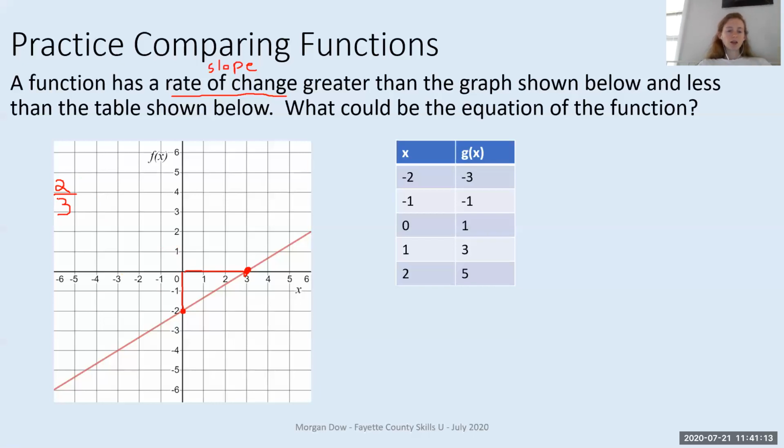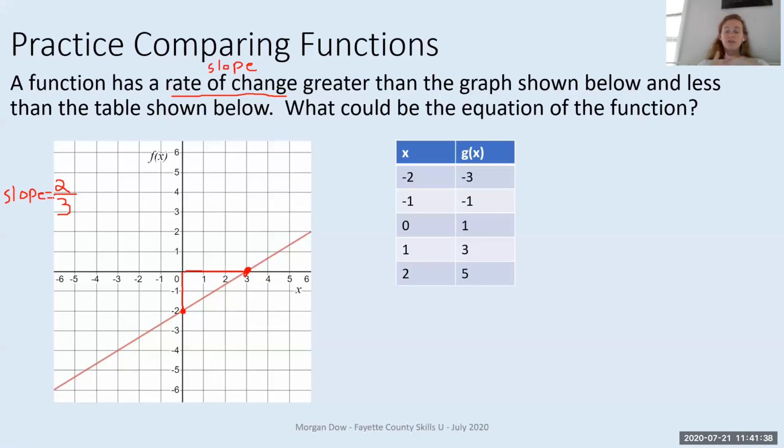Can I simplify this rate at all, 2 over 3? No, I can't. This is already simplified as much as possible. So this is the slope for this graphed linear function here. So my slope is 2 over 3, or 2/3.